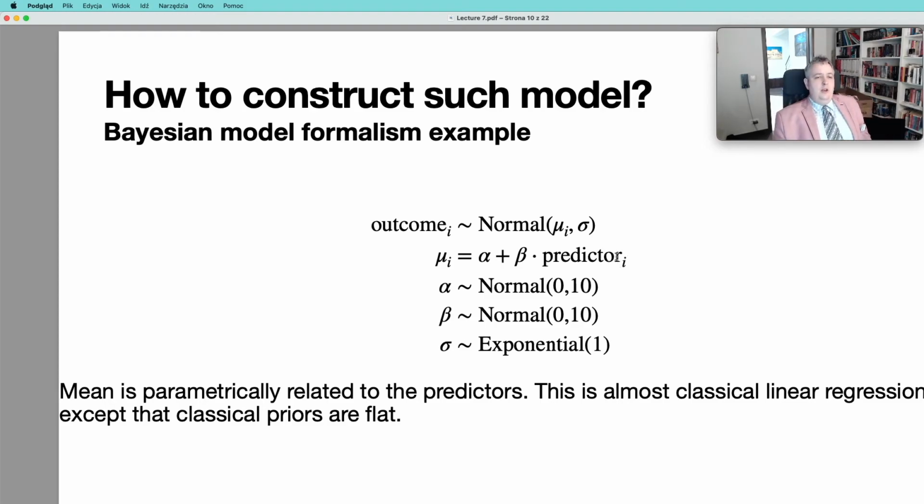And in practical applications, we want to give some kind of priors for those parameters, and usually good priors are some kind of regularizing priors. If we have a basis for relationships, for example if we are sure that there's a positive relationship between predictor and the outcome, then we need to focus on how to express that in the prior, so the prior will leave us in the right place.